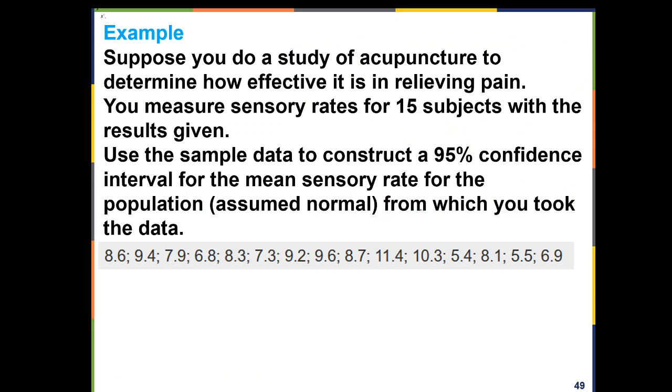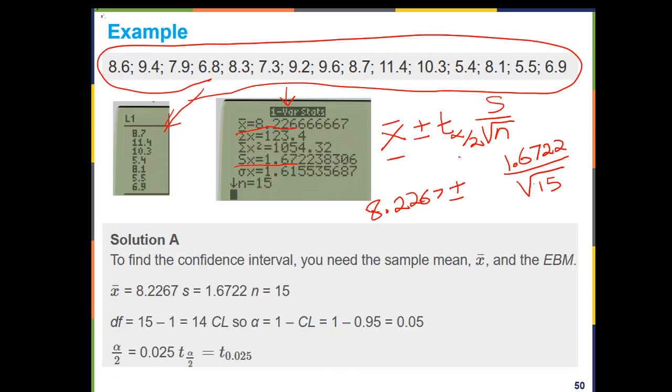Well, confidence level is given here as 95%. So we want to be 95% confident. So we have to go to the t table, right? And then we have to find two numbers that have 95% in the middle if we have t-distribution with degrees of freedom of 14, because n is 15, right?